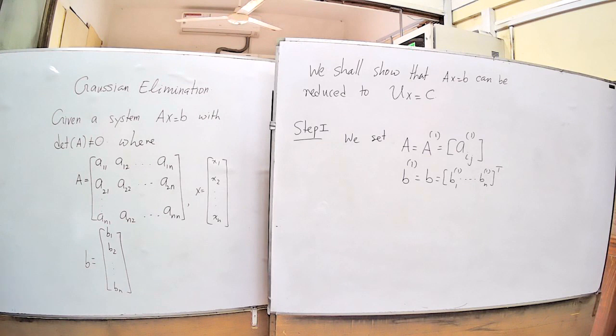So at the start of step 1, I have a_ij superscript 1. At the start of step 2, I will have a_ij superscript 2.